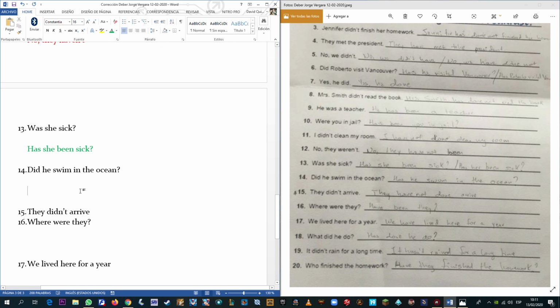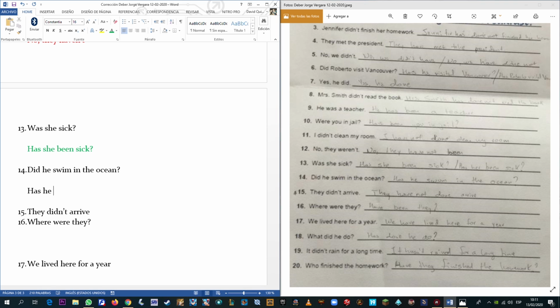Now with the 14th. The 14th is, did he swim in the ocean? And the answer that our student has written here is, has he swum in the ocean? Yes, that's correct. He changed that sentence in the correct way.